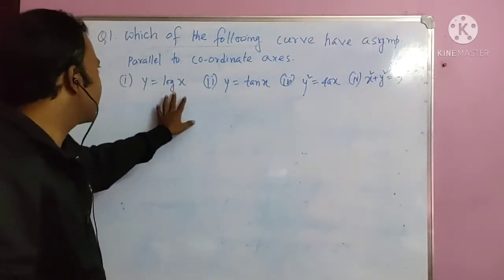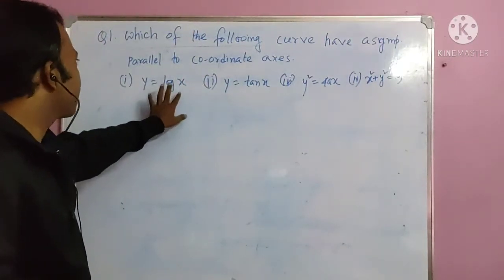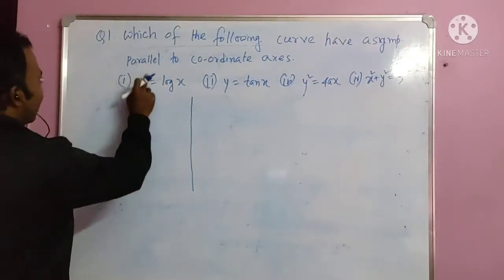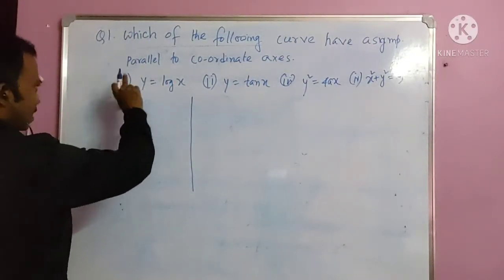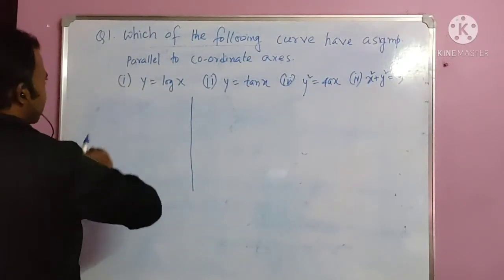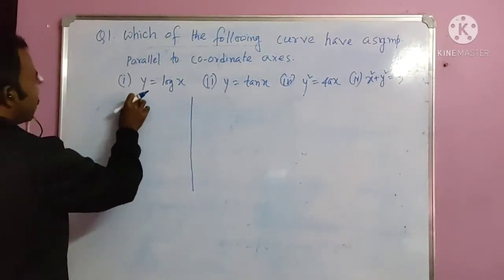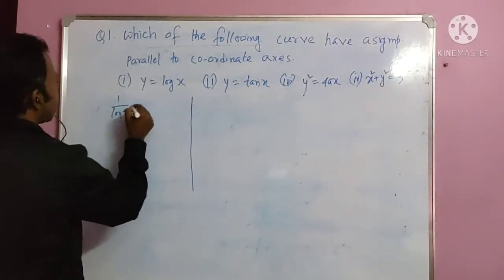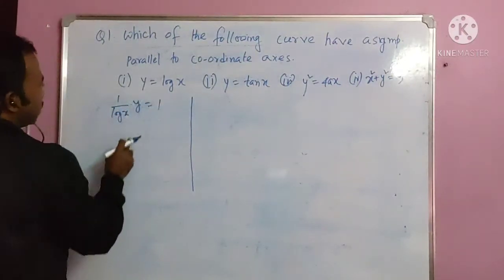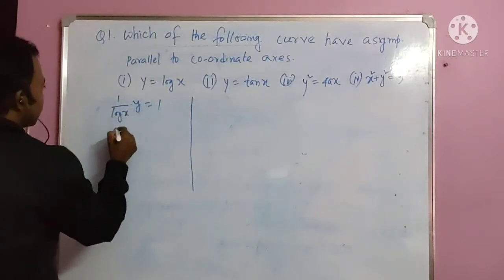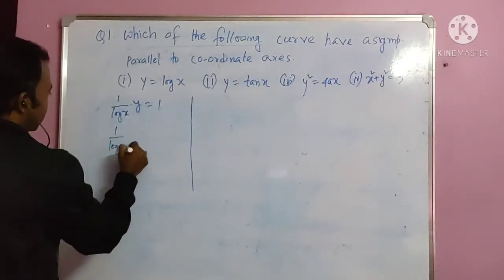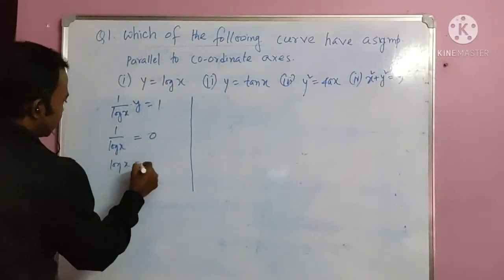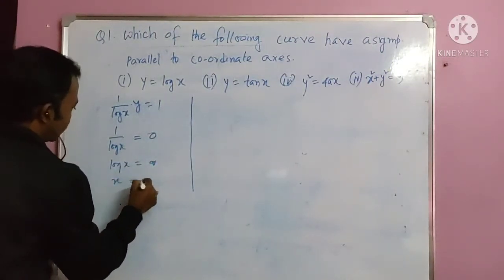So to check, we have to find the coefficient of y and then the coefficient of x. The coefficient of y is very easy here because we can rearrange this this way. Now see, the coefficient of y is 1 by log x, so it should be 0, and this gives log x equals infinity, x equals infinity.